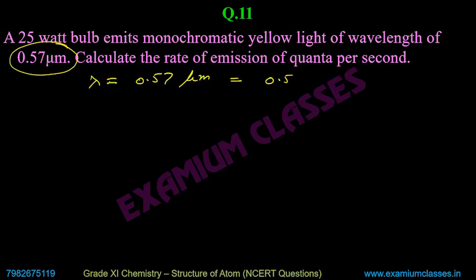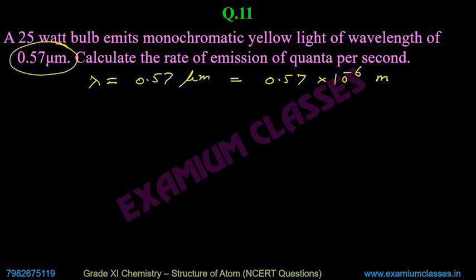So it will be 0.57 into 10 to the power minus 6 meters. So wouldn't it be better if we write it as 5.7 into 10 raised to power minus 7? Yes, if it is the answer, then it will be good because you need to write in standard form. But within calculation, you can leave it as it is.